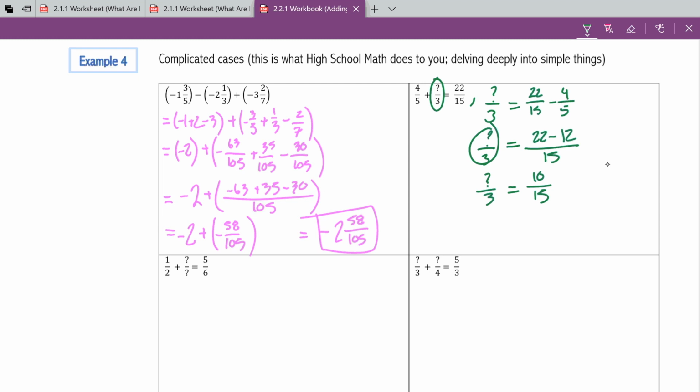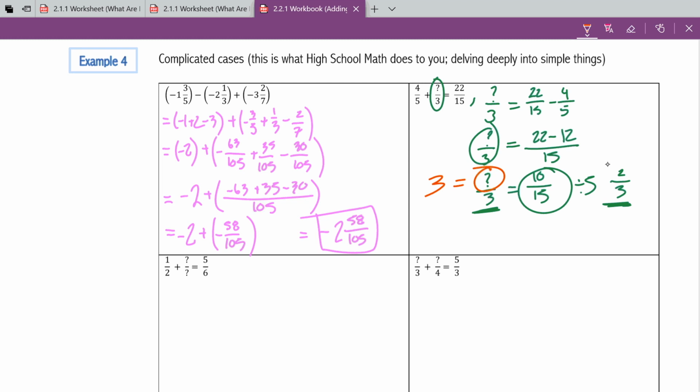Something over 3 is the same as 10 over 15. So what do we do here? Well, there's a couple of ways to approach it. One is just intuitively. If I take this mess here and I divide it by 5, I'm going to get 2 over 3. And now notice that this fraction looks like this fraction, and I know that my question mark is going to be equal to 3. Okay?